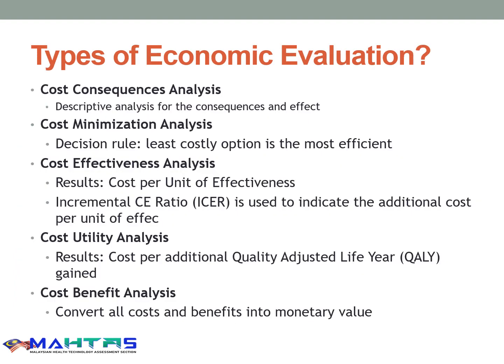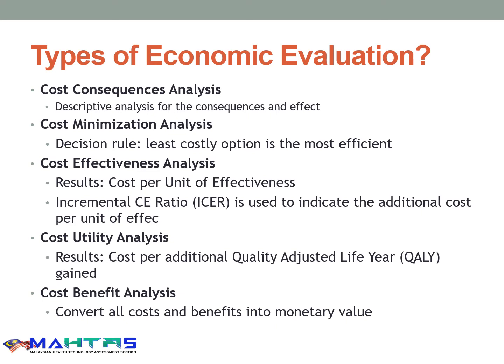In this slide, I have listed all the types of economic evaluations that we can do. Basically, economic evaluation looks into the cost and the outcome for certain healthcare interventions. Cost consequences looks into the description of the analysis for the consequences and the effect.